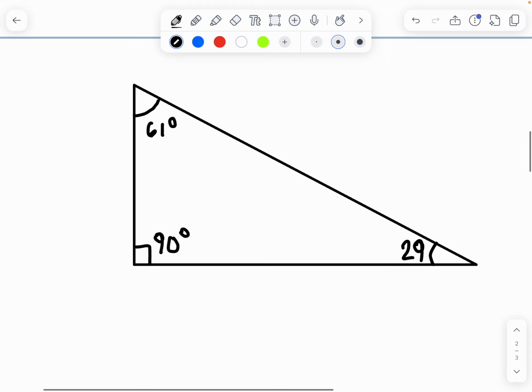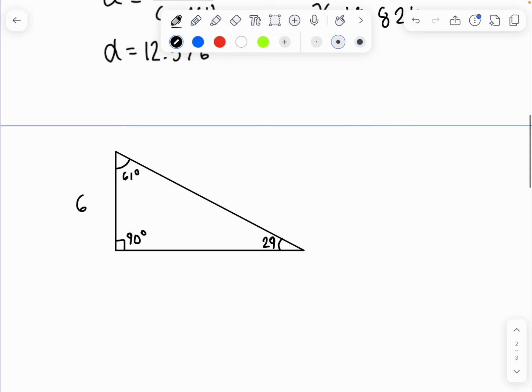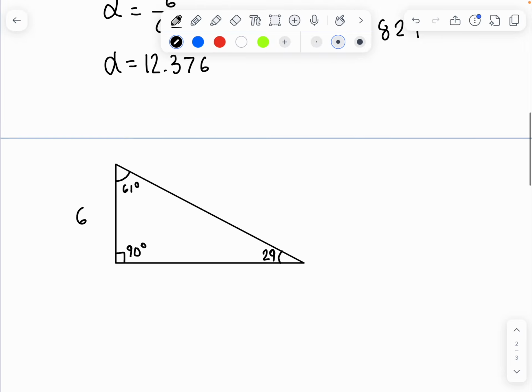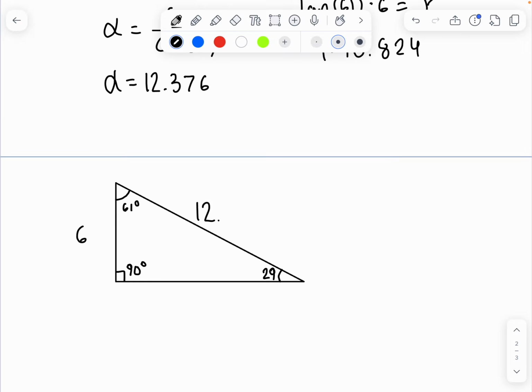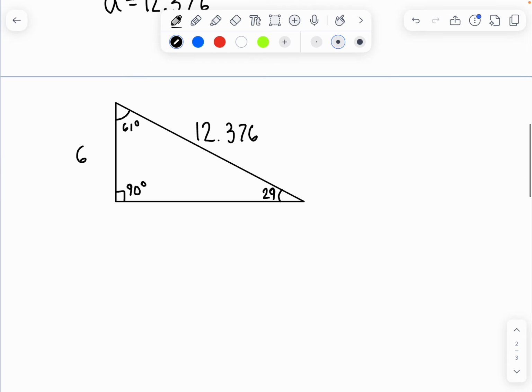This is 6 units. This is 12.376. And this is 10.824. So just by having these three numbers, we were able to figure out the entire rest of the triangle.